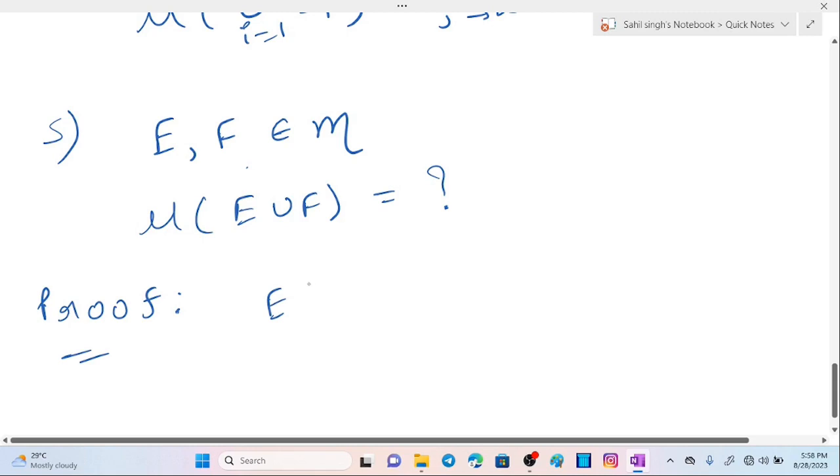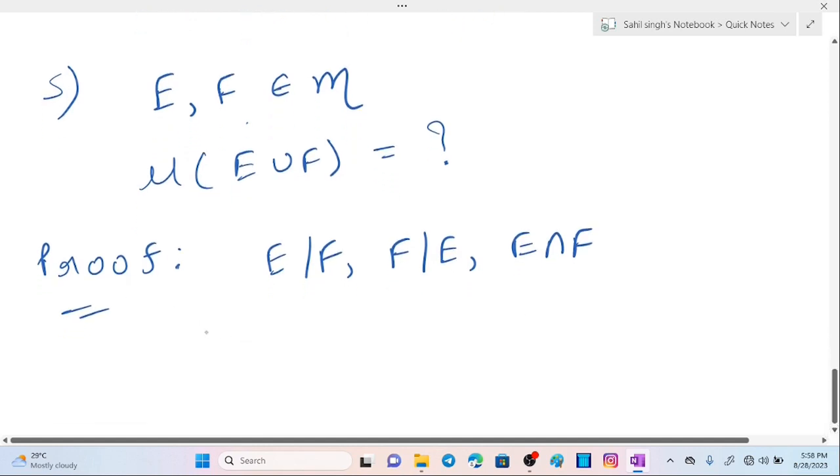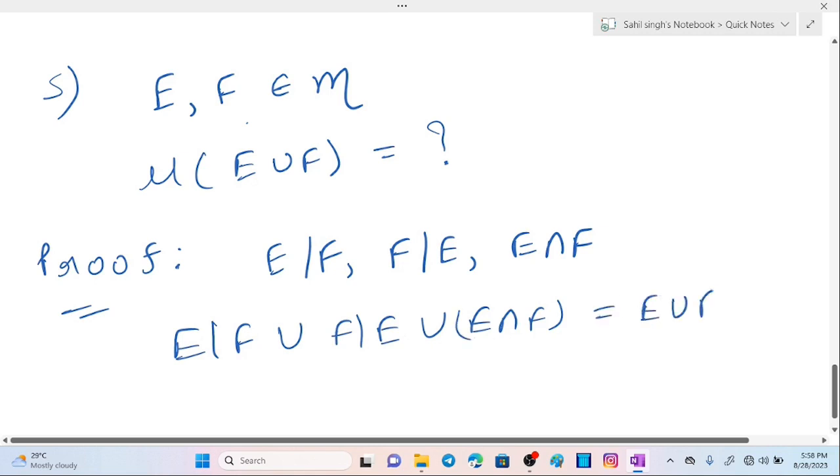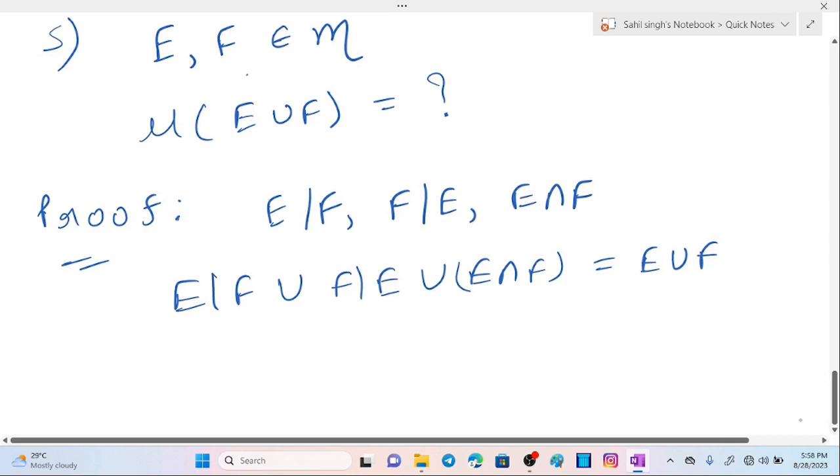Let the disjoint sets be E removed F, F removed E, and E intersection F. Okay, so all these sets are disjoint sets, and their union will be just E union F. E removed F union F removed E union E intersection F will be equal to E union F. Now apply the definition of measure on these.